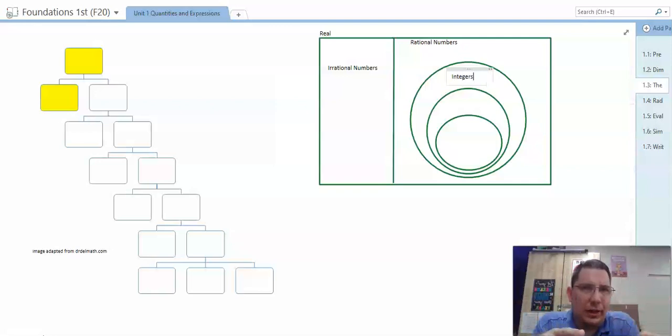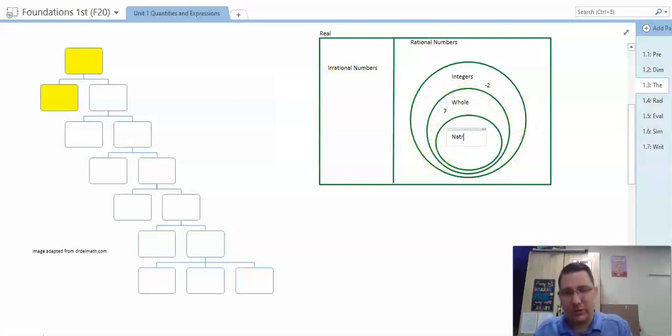But then integers were defined as what? All whole numbers and their opposites. And so all of the whole numbers are contained inside the integers. Here I would have numbers like -2 or +7, but this +7 would also end up in this whole number range. And then this last bubble down here is the natural numbers.